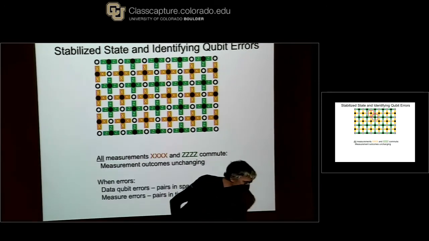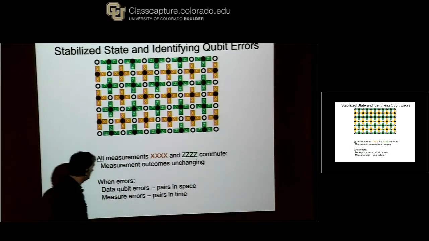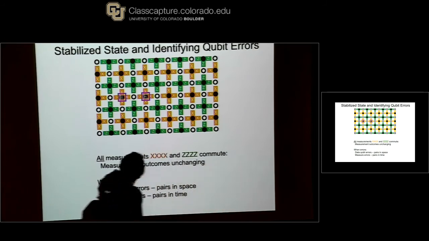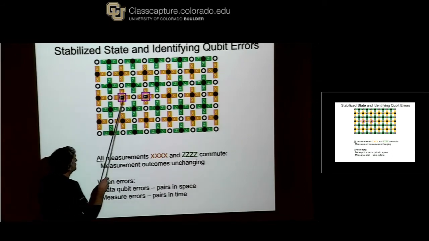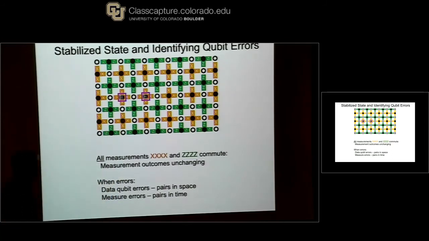So let's step through that with errors on the data qubits. Let's say you're stepping through this, and in one moment in time, this was a +1 and went to a -1, and at the same time this was -1 and went to a +1. You had a change here and a change here. Okay?